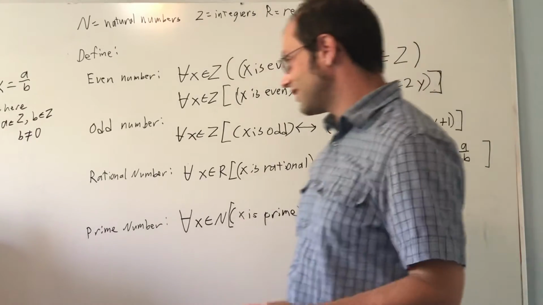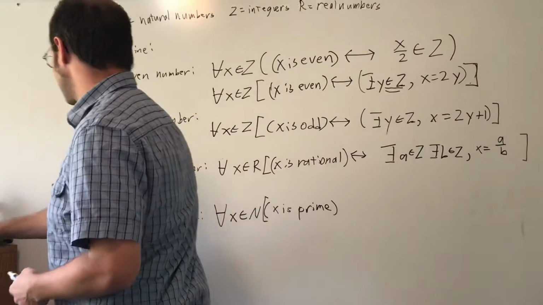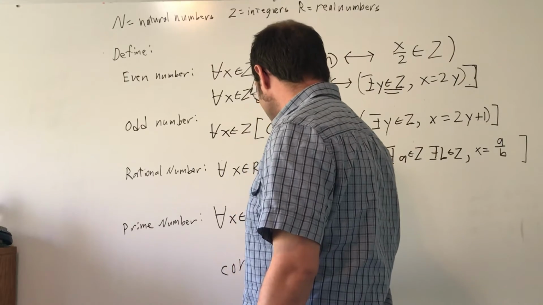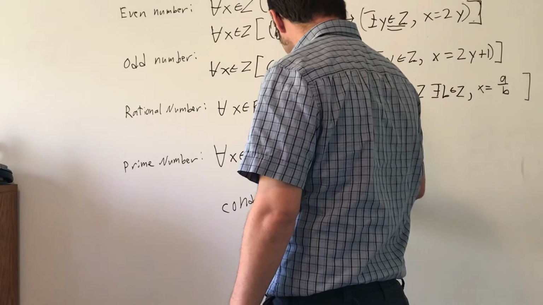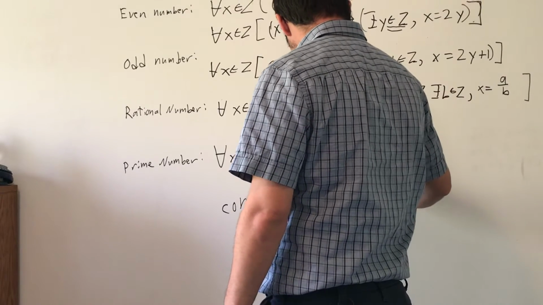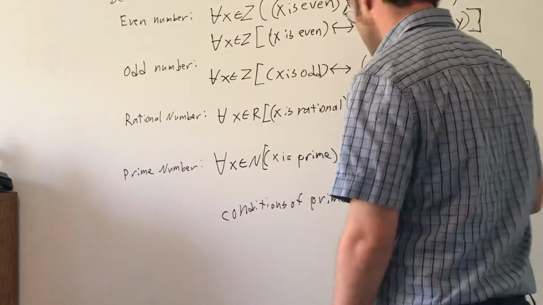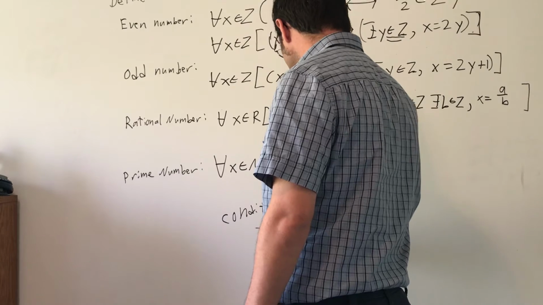All right, so let's look at the conditions to be prime. All right, so conditions of prime numbers. Cannot be equal to 1.